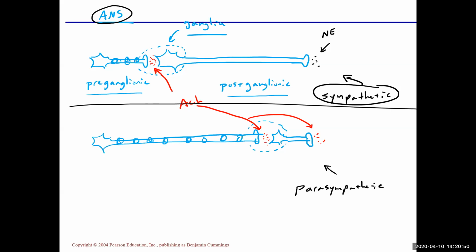So sympathetic activity, they prime the body for high energy consuming activity. That means you're going to need a lot of energy in order to do that, all right? And it is usually related to what we call E-related activity.